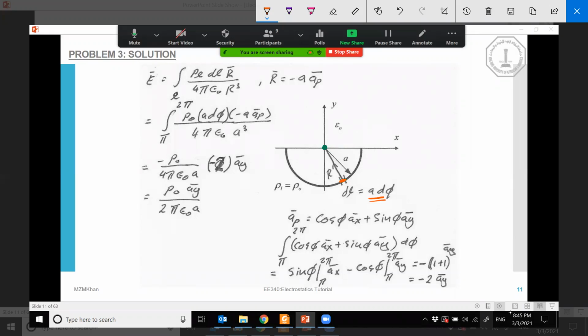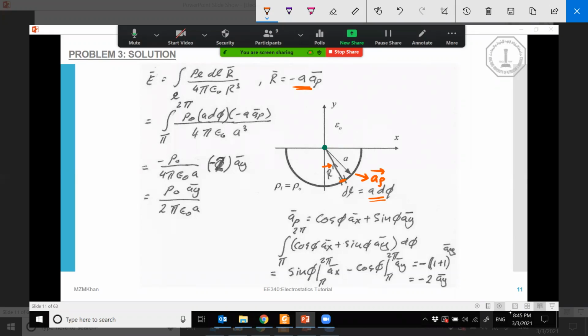Now, what will be this vector r bar? Can you tell me? The direction of the vector r bar is always from the source to the observation point. This length is a, but I'm going in the opposite direction. So it will be minus a a_rho, because the a_rho direction is this direction.